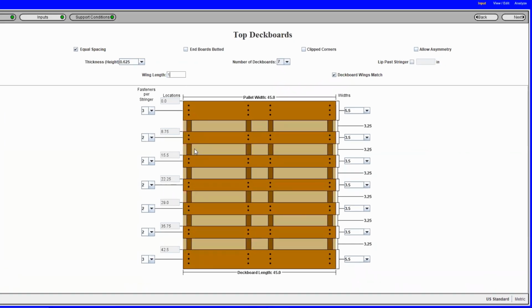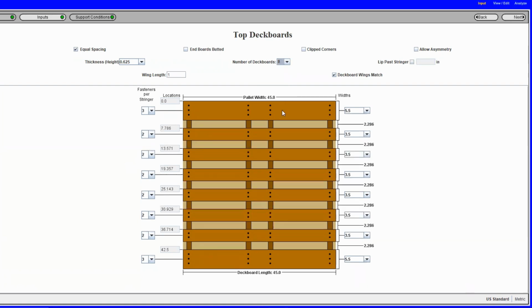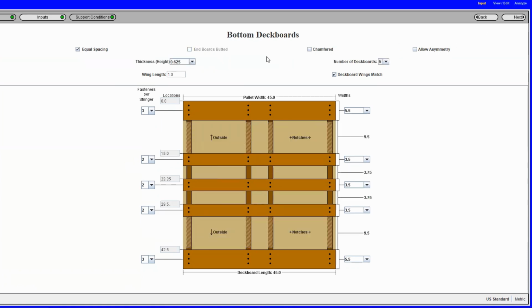This effectively reduces the span between stringers, stiffening the deck. We can also reduce the spacing between deck boards by adding 1 interior deck board to the top deck and reduce the thickness from 5/8 to 9/16. We will do the same for the bottom deck.